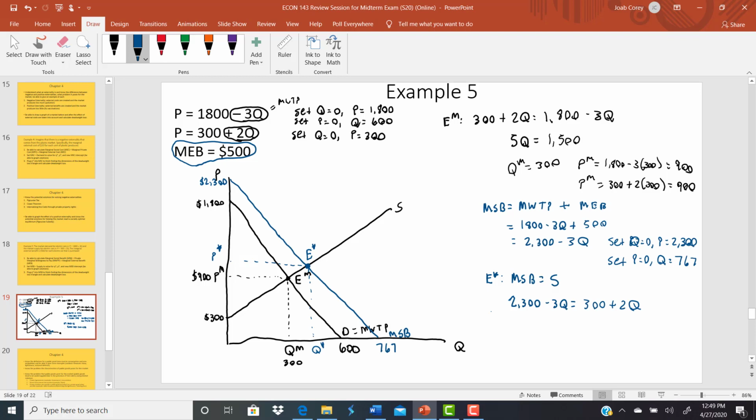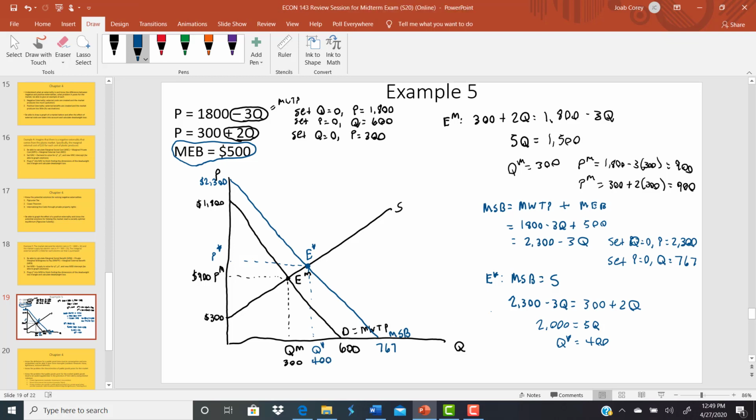Once again, we're going to add our Q's to one side, and then we're going to subtract 300 from both sides here. This is going to be equal to 2,000 is equal to 5Q. And then we can solve that our Q star is equal to 400.